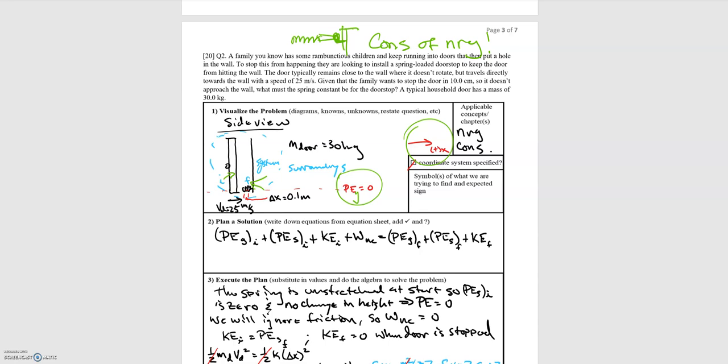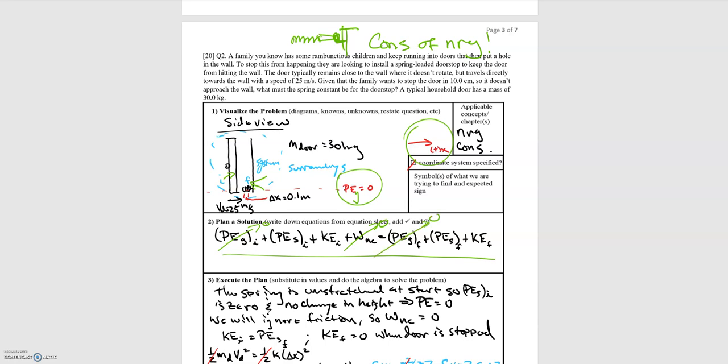And then at this point, it's really using our 7-term energy equation and eliminating which ones aren't pertinent to the problem. We have no friction acting in this problem, so the work done by non-conservative forces is 0. Like I said, it's not moving up and down, so the gravitational potential energy is negligible.